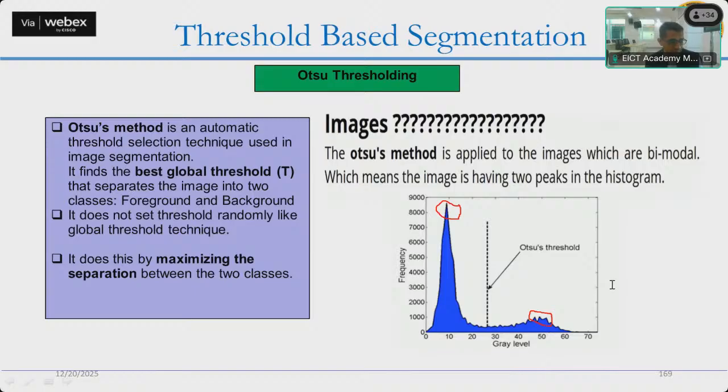Right, when we find the histogram, based upon its shape we are able to identify the technique. Yes, because the threshold is not an easy job to find, so we may start with this type of technique.